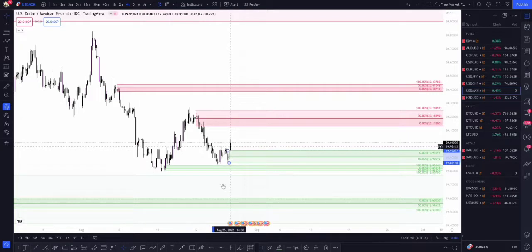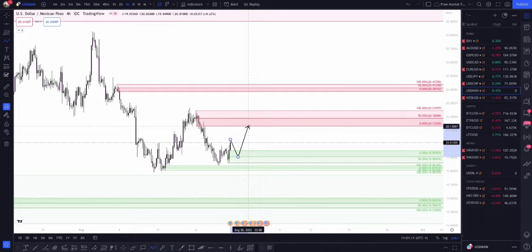So we may see a case where price will come back down into this demand, and we can take it to the upside, taking partial profits here, seeing if we get a trade entry confirmation to take it short. We can take that play as well.